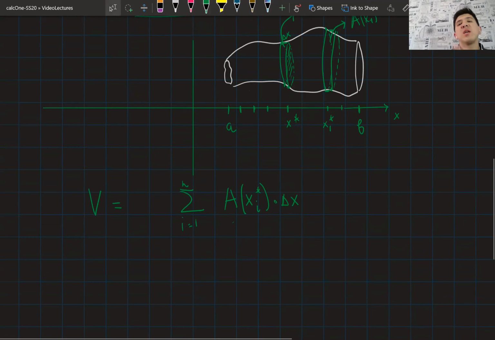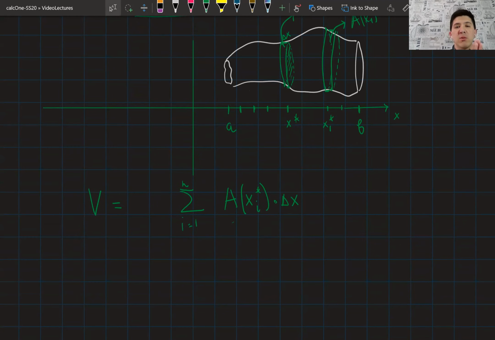So this is going to give us roughly the volume, and if we would like to get more precise results, we just need to increase the number of those slices. So basically, if the number of the slices n goes to infinity, then this becomes exactly the volume. And this is basically the definition of the integration to find the volumes.